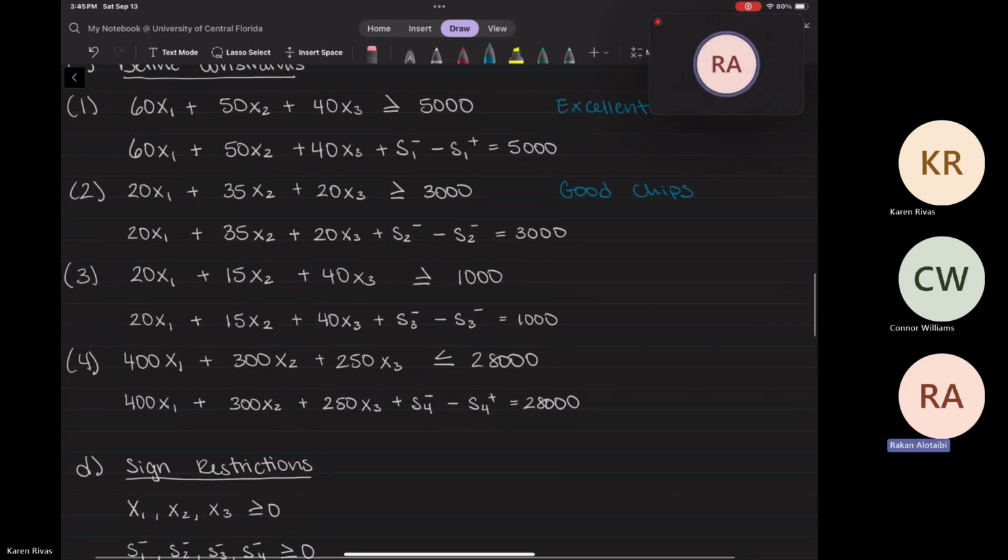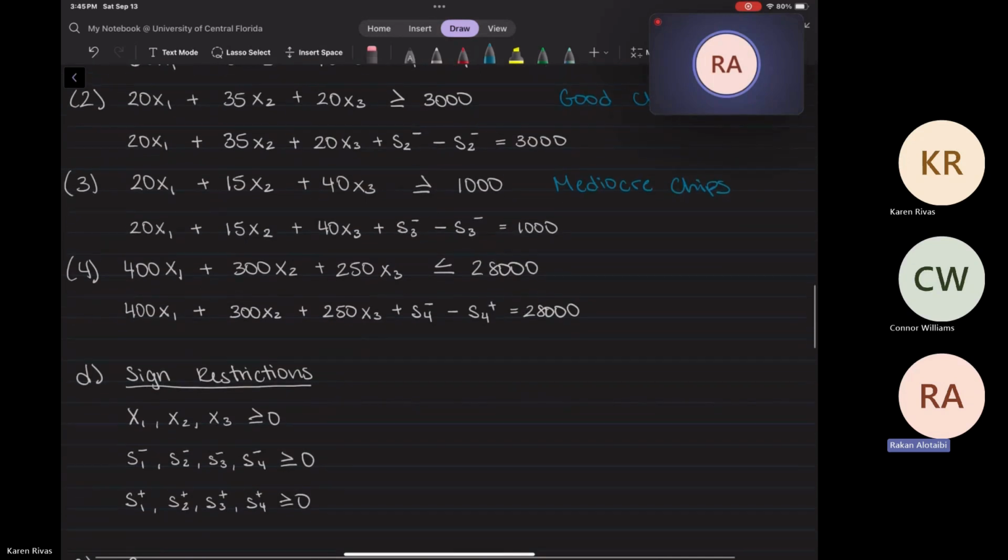The third one: 20x1 plus 15x2 plus 40x3 plus d3 minus minus d3 plus equals 1000, mediocre chips. And the fourth: 400x1 plus 300x2 plus 250x3 plus d4 minus minus d4 plus equals 28,000.